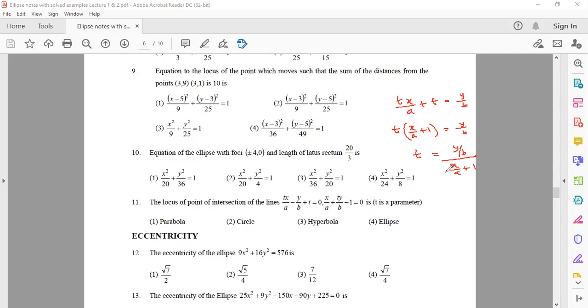Now make t a subject in the next part. t y upon b is 1 minus x by a, so t is equal to b into (1 minus x by a) upon y. Is it fine? Yes, sir. Now equate 1 and 2.